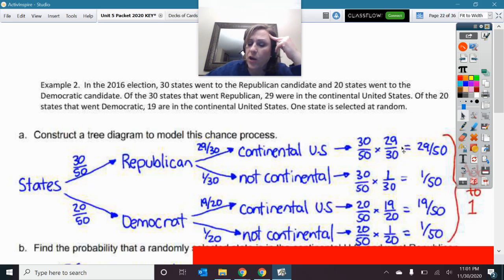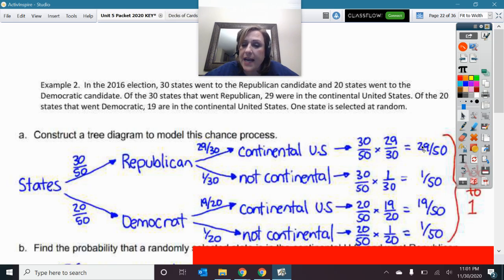So that affected these probabilities over here. But when we multiplied it, 20/50th times 1/20th is how we got 1/50th. 20/50th times 19/20th is how we got 19/50th, and so on. All right, so you then multiply those two conditional probabilities together, and here are our total amounts over here.